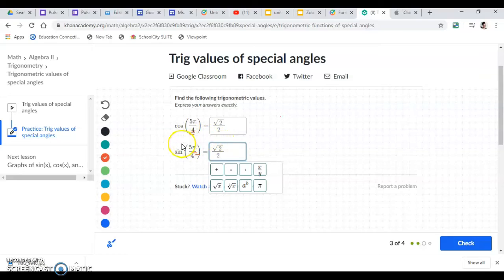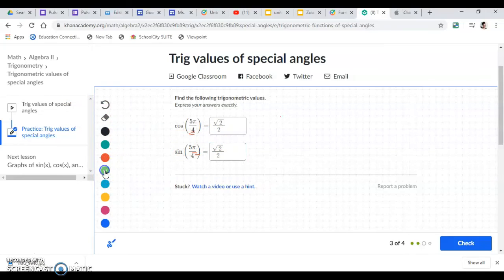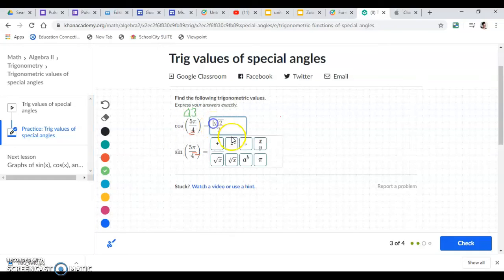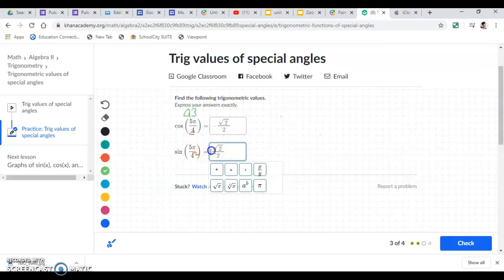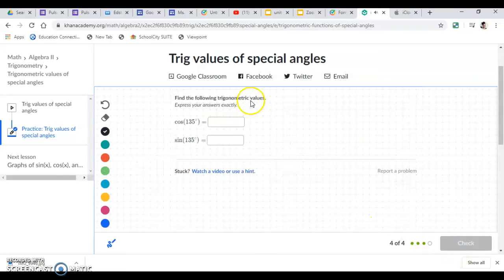What quadrant does it fall into? I know 5 pi over 4 is in quadrant 3. So I got to think about what is positive in quadrant 3, and the only thing that's positive in quadrant 3 is tangent. So I know both of these values, sine and cosine, are going to be negative. Yay, one more to go.